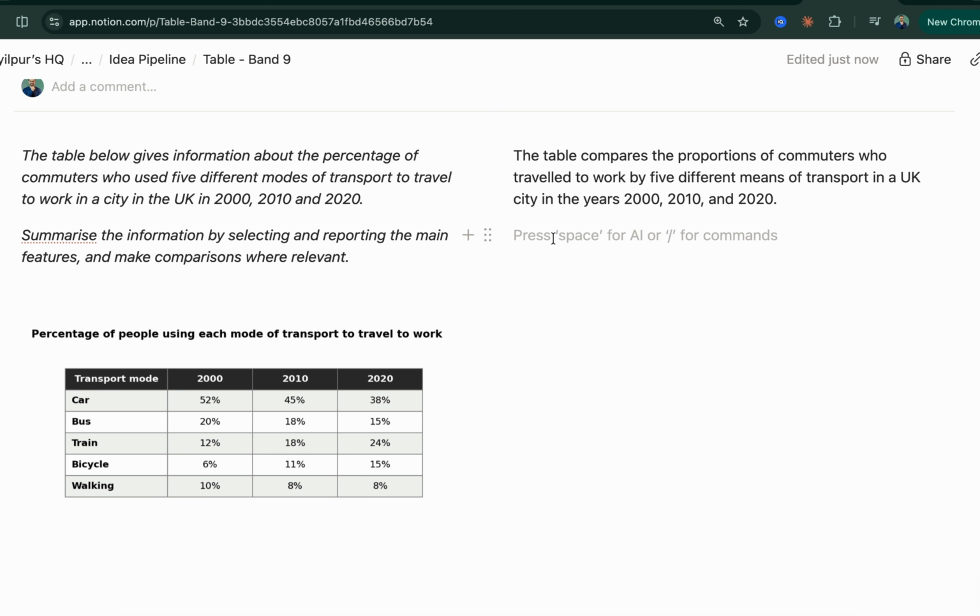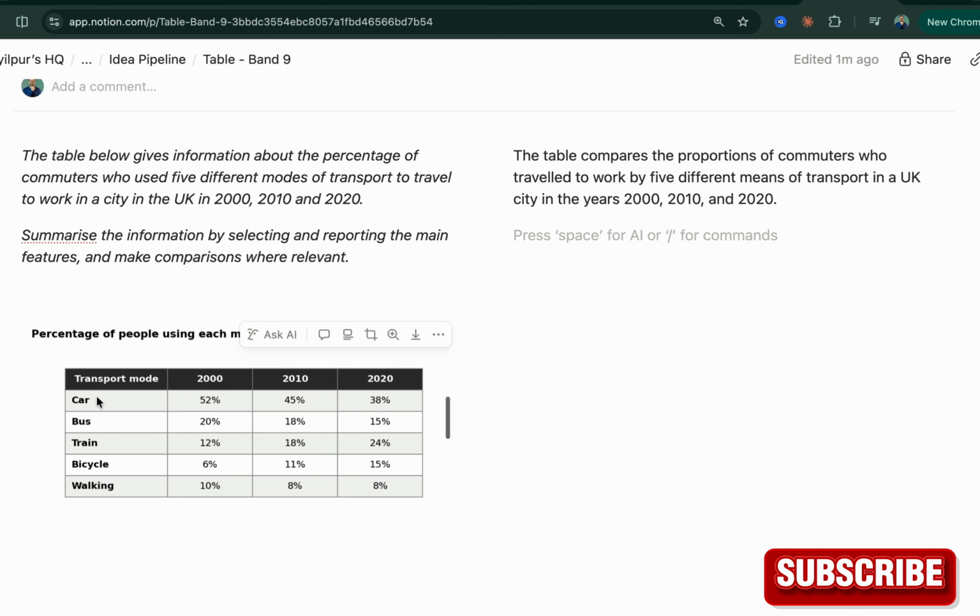And here, what I see is that car basically was the most preferred mode of transport in all years, and it actually reduced, but it was still the most favorite mode of transport for commuters traveling to work. And then what I see is about train and bicycle, which increased.